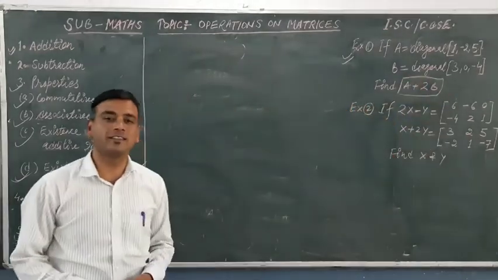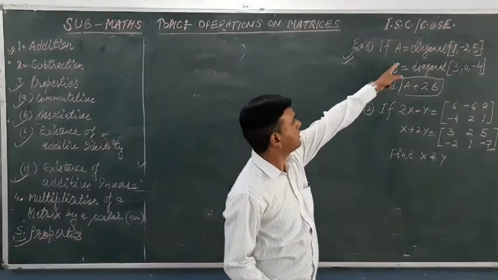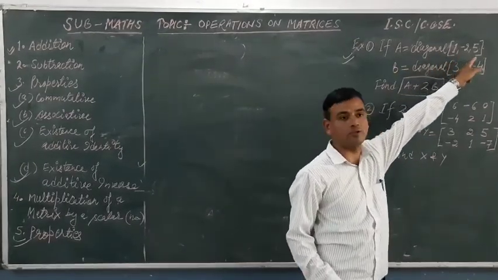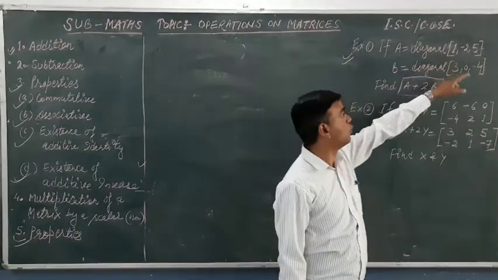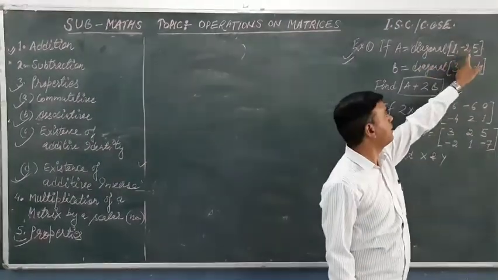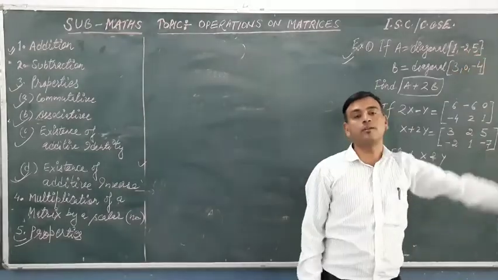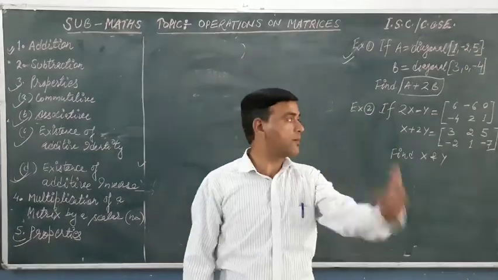First of all, students, let me clear this first. What is the meaning of diag(1, -2, 5)? This is a diagonal matrix whose diagonal elements are 1, -2 and 5, and the remaining elements will be 0, which we covered in the last exercise.